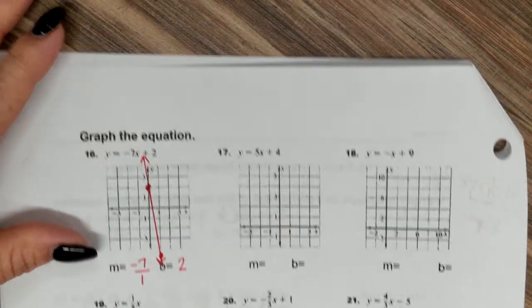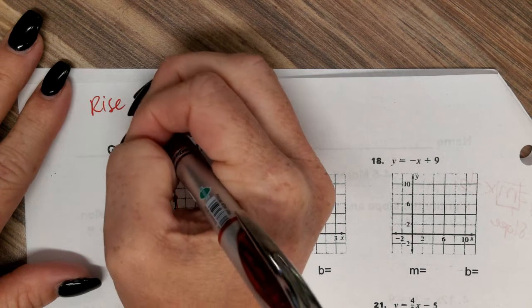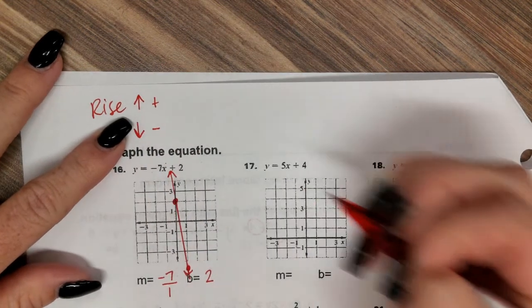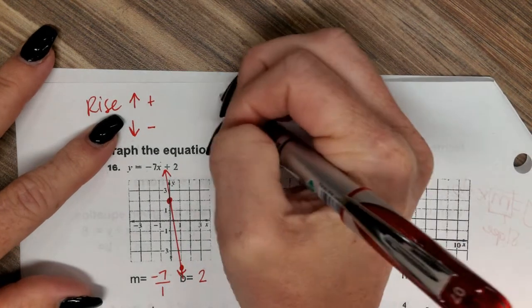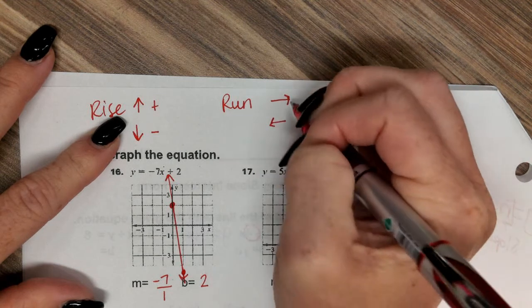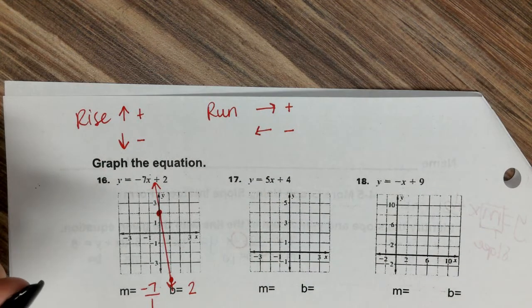Does everybody understand that when you rise, it's either up or down? Up is positive, down is? When you run, it's either right or left. Right is positive, left is negative.